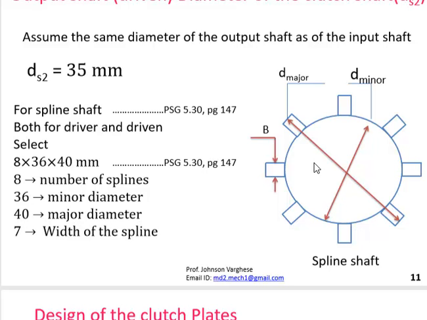So we can see here D major, that is the 40, and 36 is the minor diameter. 7 is the width of the spline as you can see here, B. So that is the width of the spline. All this information I have collected from PSG 5.30 based on DS2 calculations, that is 35 mm.